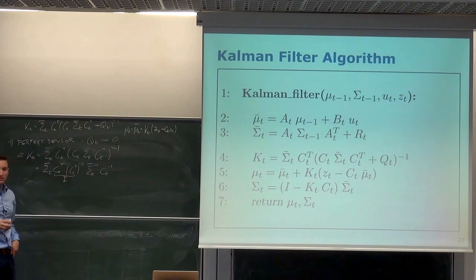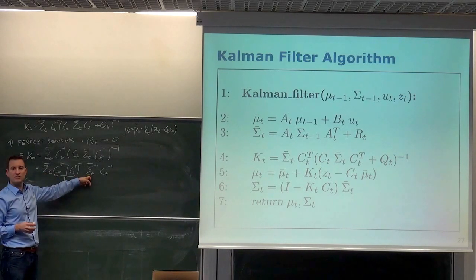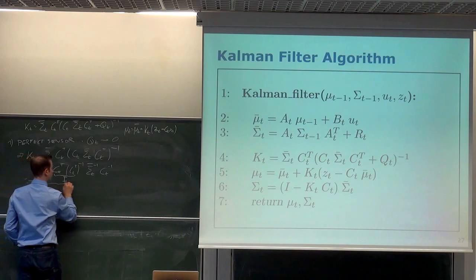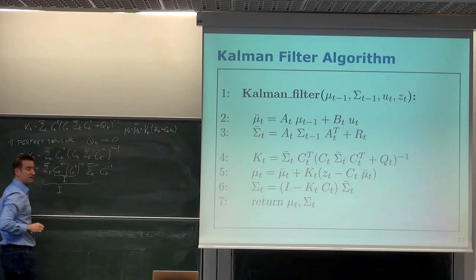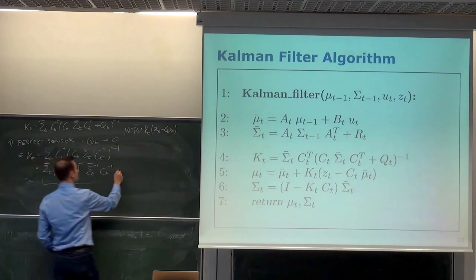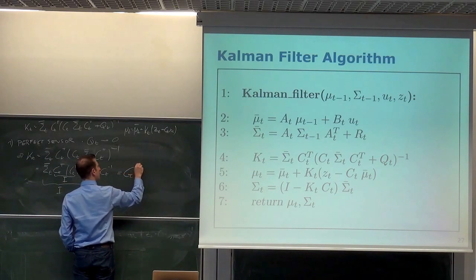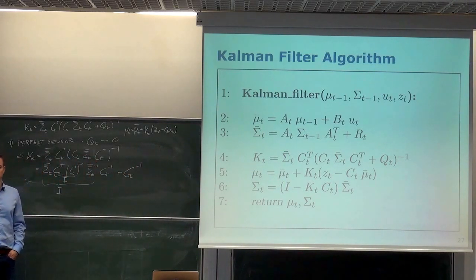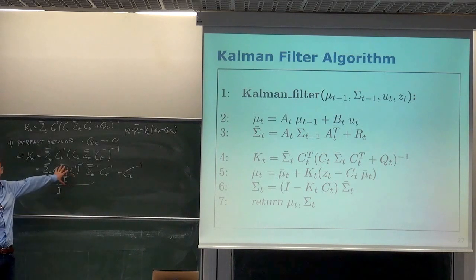So this is the identity matrix. Then my covariance matrix here times the covariance matrix inverted. Identity over here. So the only thing which remains is CT to the power of minus 1. So if you have the perfect sensor, that's how the Kalman gain looks like. Everyone fine with this?